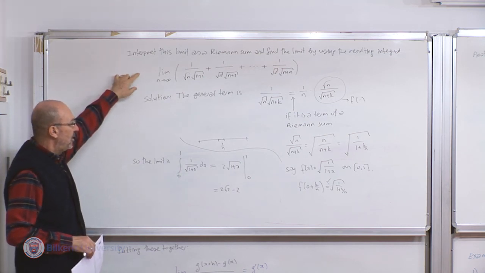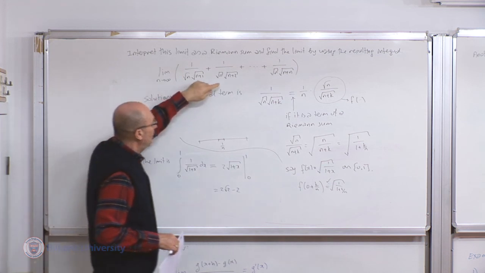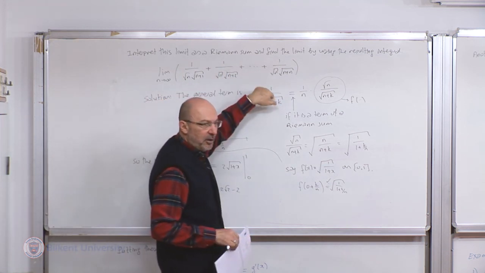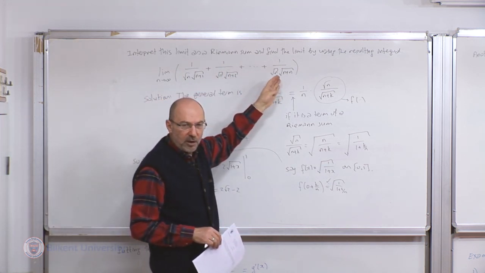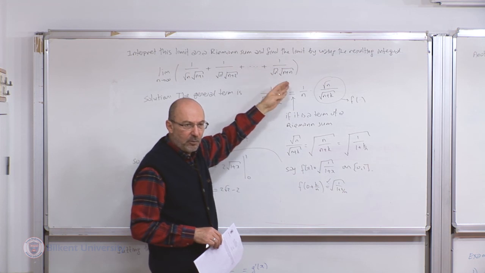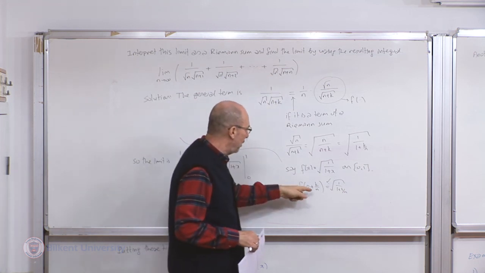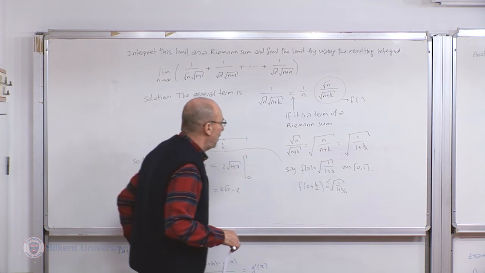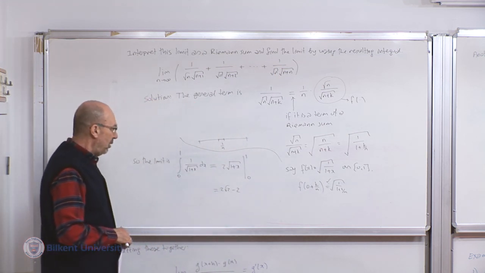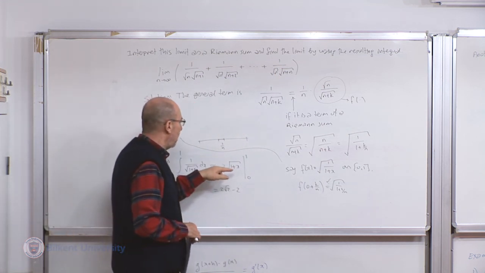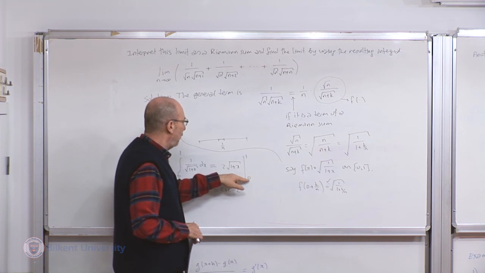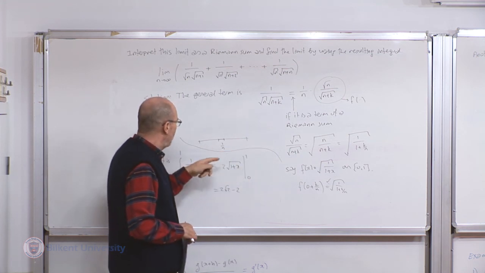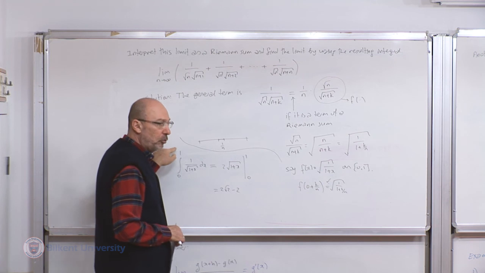Interpret as a Riemann sum, something like this. You take the general term and play with the general term. There are no rules here about how you should do it. Maybe you can find a different way. You see here, instead of considering the integral from 0 to 1, I could consider the integral from 1 to 2.